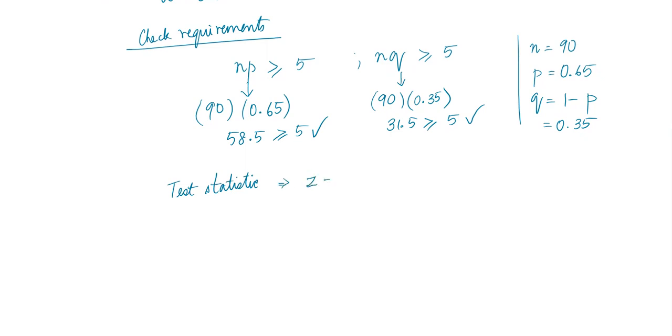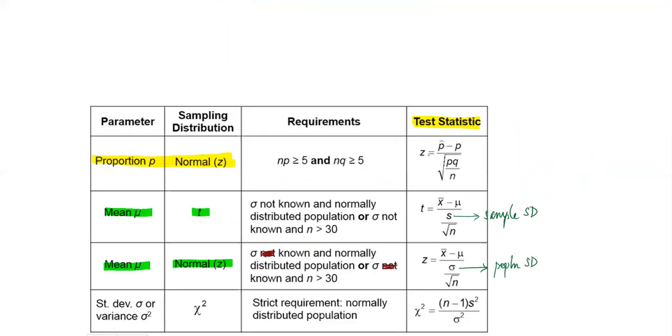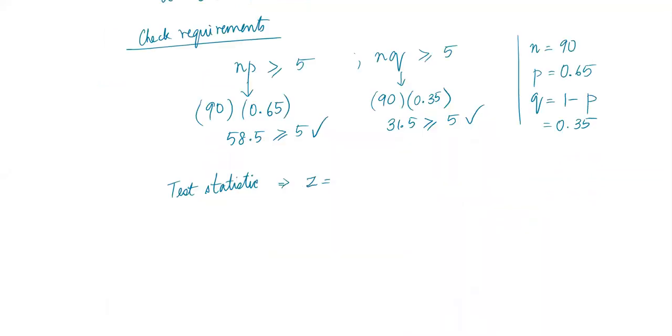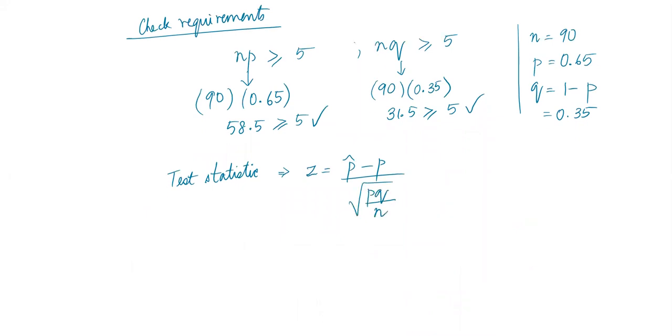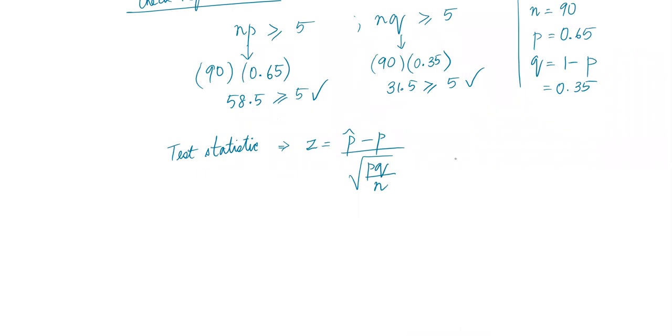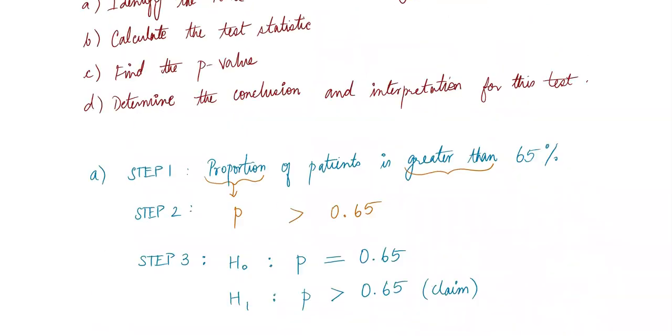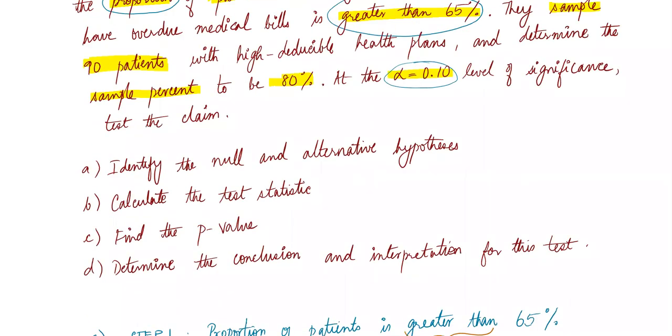The test statistic will be Z. Come back here. Z is P hat minus P over square root of PQ over N. Come back here and see what P hat is, because we have all the others. P hat is what they gave us. P hat is given to be 80%, sample proportion is P hat.